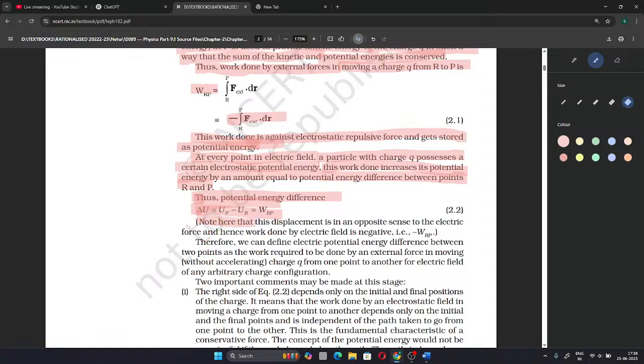Note that here this displacement is in the opposite sense to the electric force and work done by the electric field is negative. Let's read that again. Displacement is in the opposite sense to the electric force.